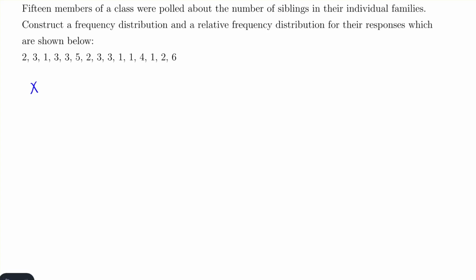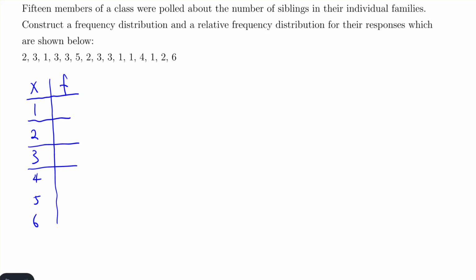So there's x, and f is the frequency. For x, I'm going to label all the numerical values: 1 sibling, 2, 3, 4, 5, 6. And we count how many there are for each.